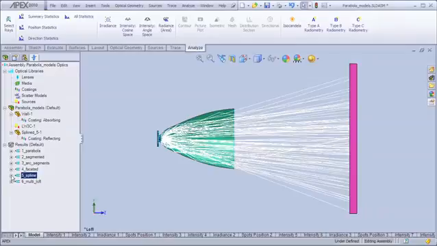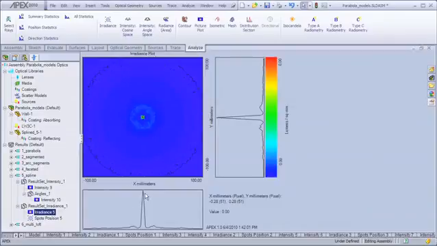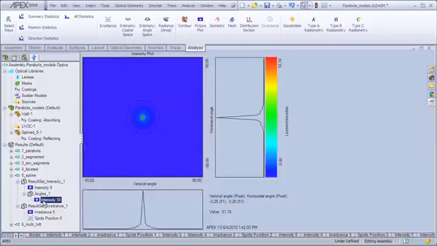Now let's take a look at the results. In terms of irradiance distribution, in this case, almost all of the energy is concentrated near the center of our illumination pattern. So this would give us a type of reflector that's very good if we're trying to get a very neatly focused beam of energy. But of course, we also need to worry about what the angular spread is.